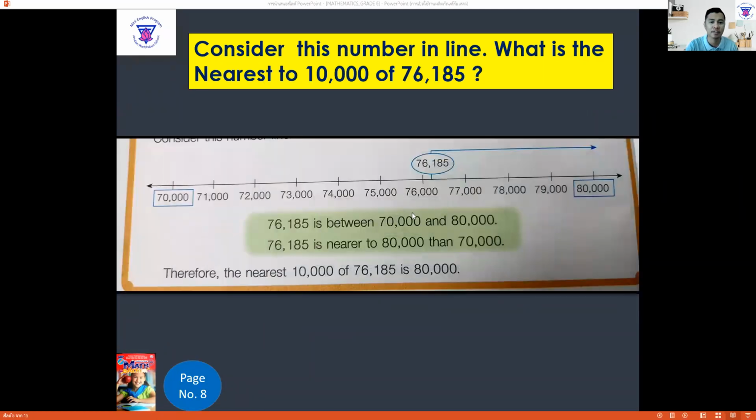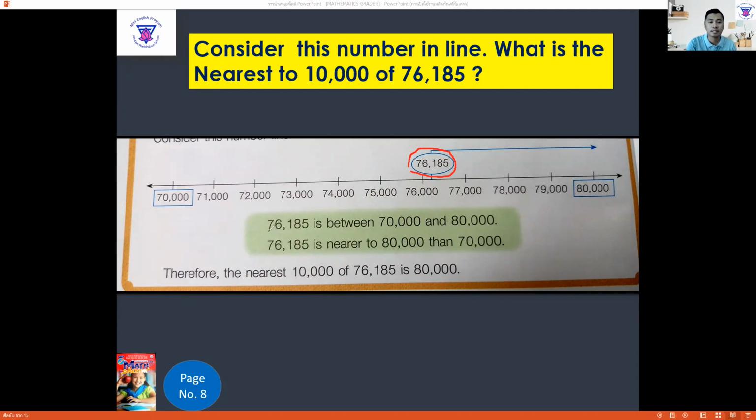Okay, so let's have another example. So consider this number line on your screen. What is the nearest 10,000 of 76,185? So we are going to find the nearest 10,000.